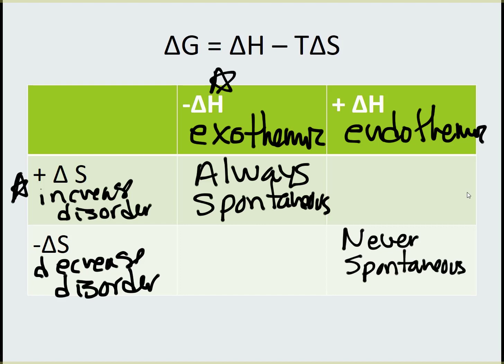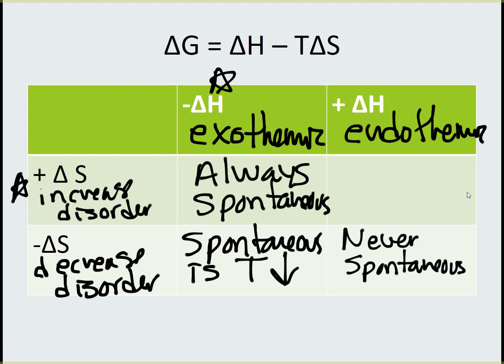Well, what if you have one but not the other? So maybe it's exothermic and a decrease in disorder. So this one will be spontaneous if the temperature is low. And I've arranged it in this grid so that this is in the lower box. So it will be spontaneous if the temperature is low.